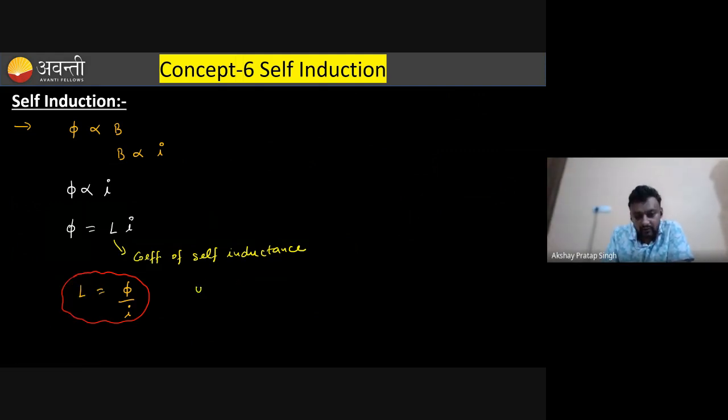Unit: if I ask what will be the unit of self-inductance, does anybody remember the unit? Or can anybody calculate the unit of self-inductance from the equation, or if you remember it, anyone?